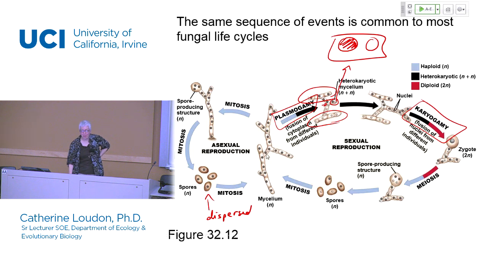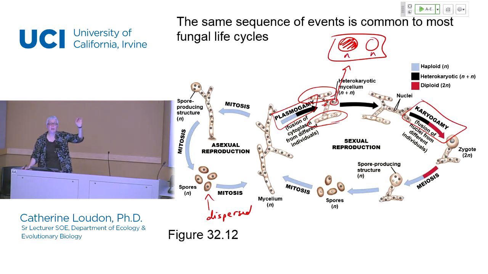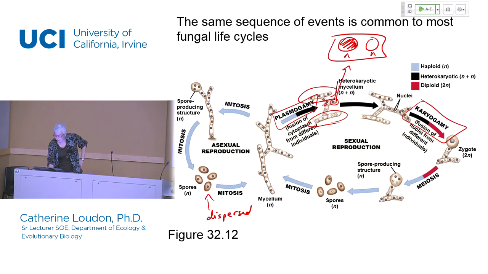So each cell or compartment had its own little haploid nucleus. We have plasmogamy. We have this heterokaryotic mycelium now, where we have two different haploid nuclei. This one's N, this one's N. They're in separate nuclei still, so that's why this is referred to as N plus N, which is completely different from being diploid, having a single nucleus with two copies.